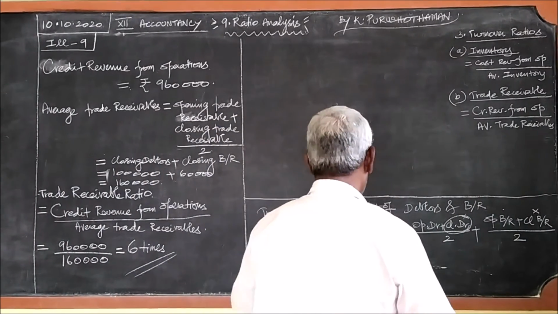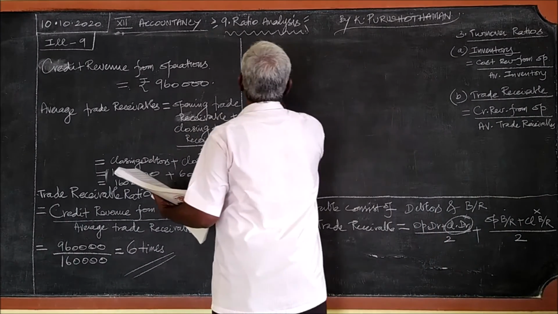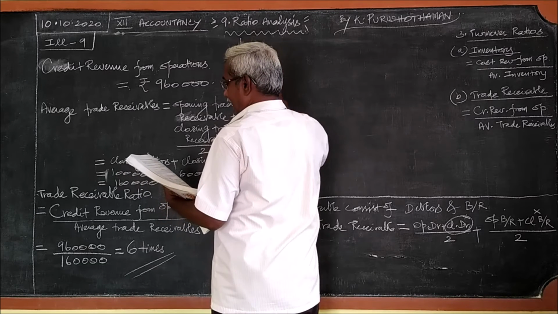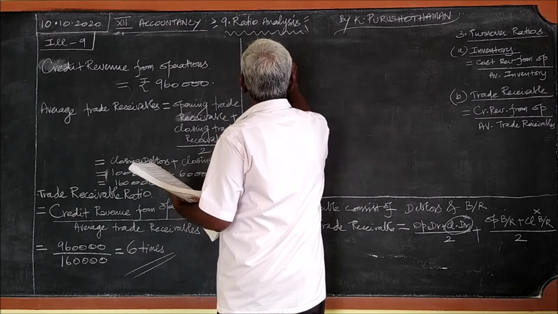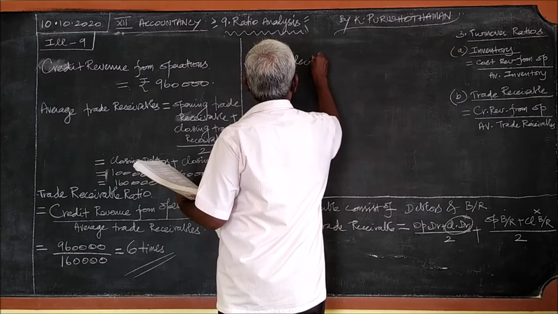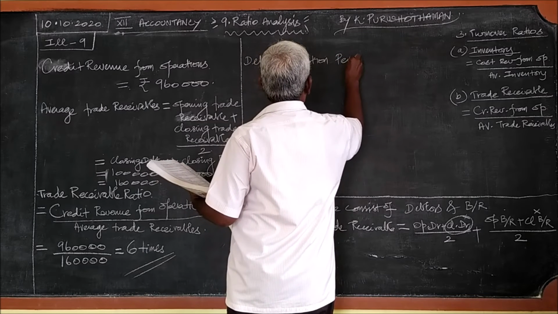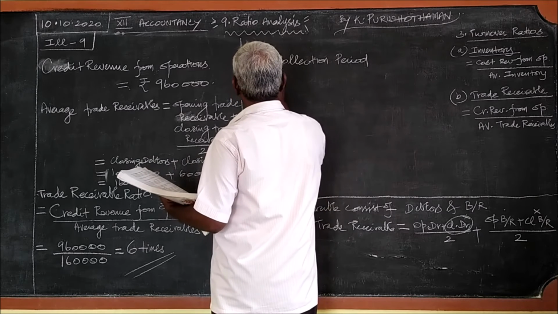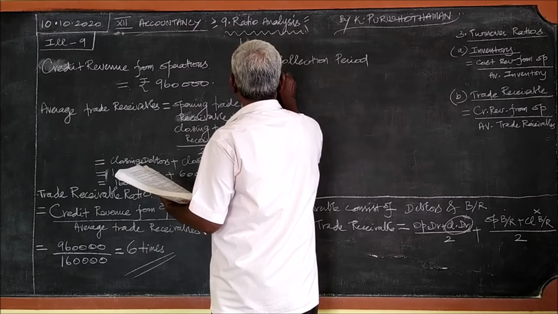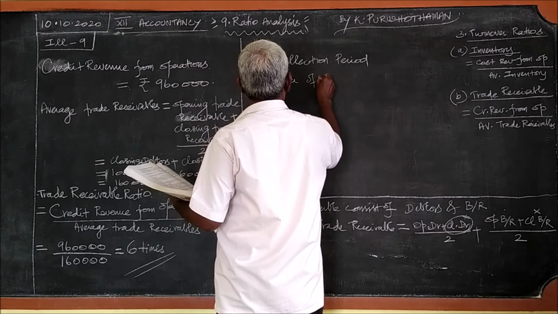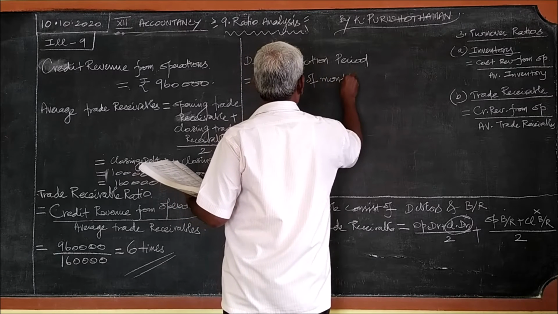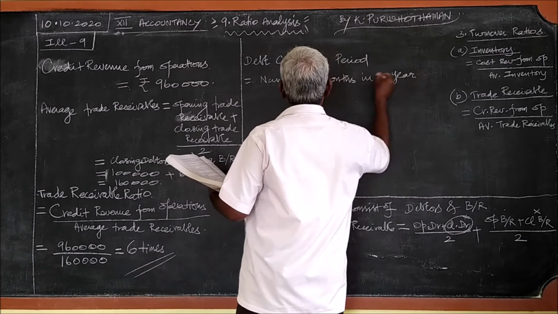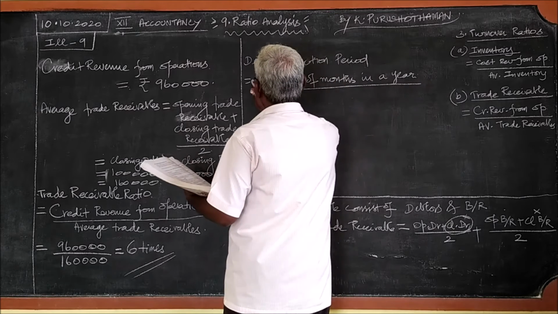Debt collection period. So when there are debtors, we should collect the debts. Debt collection period is equal to number of months in a year, if it is for months, divided by the ratio as usual.